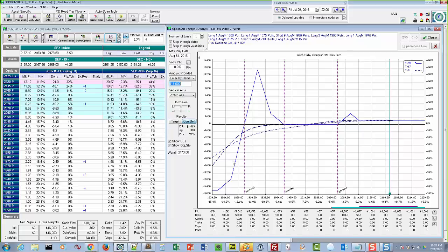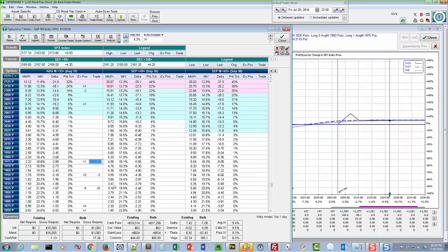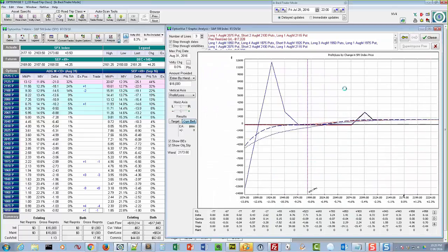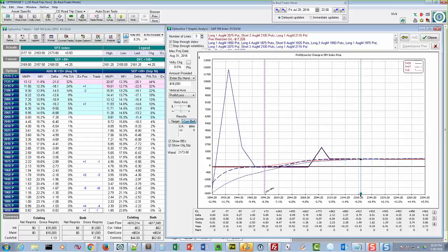Well, just for the sake of argument, let's see what it looks like if we close the entire original butter. It would look something like this. You can superimpose that and see it doesn't change things very much. Let me go back to both.